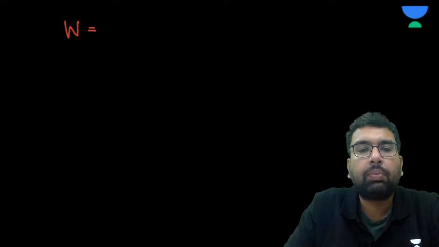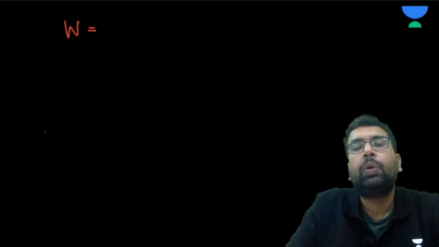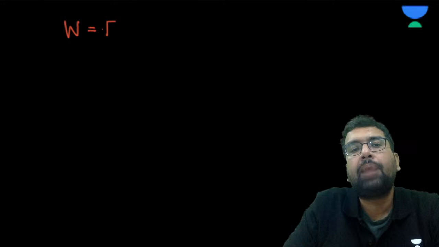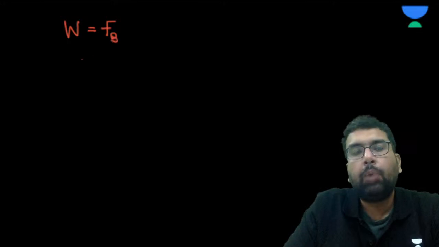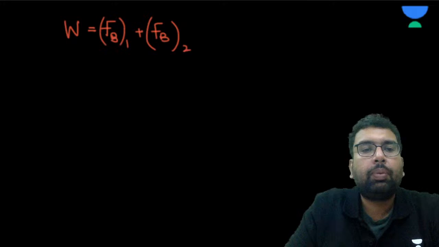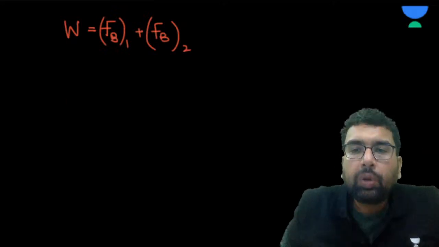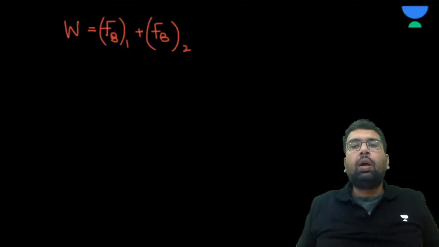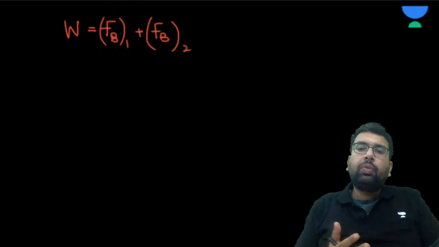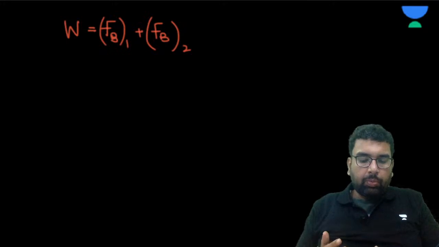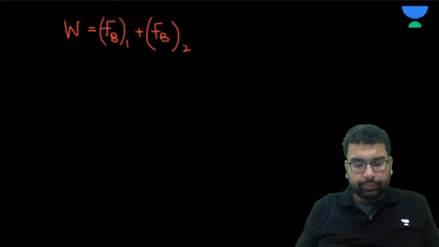Whenever a body is submerged in a fluid, there is a buoyancy force and the weight is balanced by the force of buoyancy. Now here, it is submerged in two liquids, so the net force of buoyancy will be equal to the buoyancy force the oil will offer plus the buoyancy force the second fluid will offer.